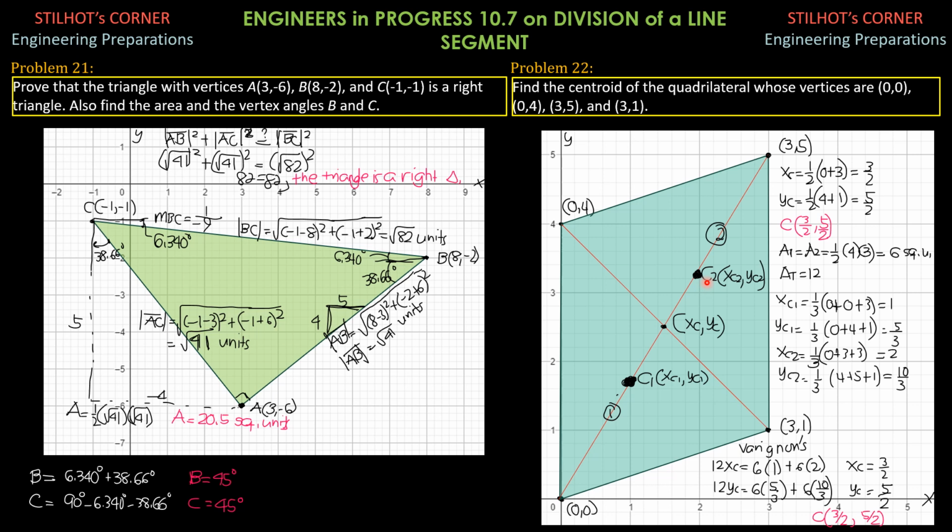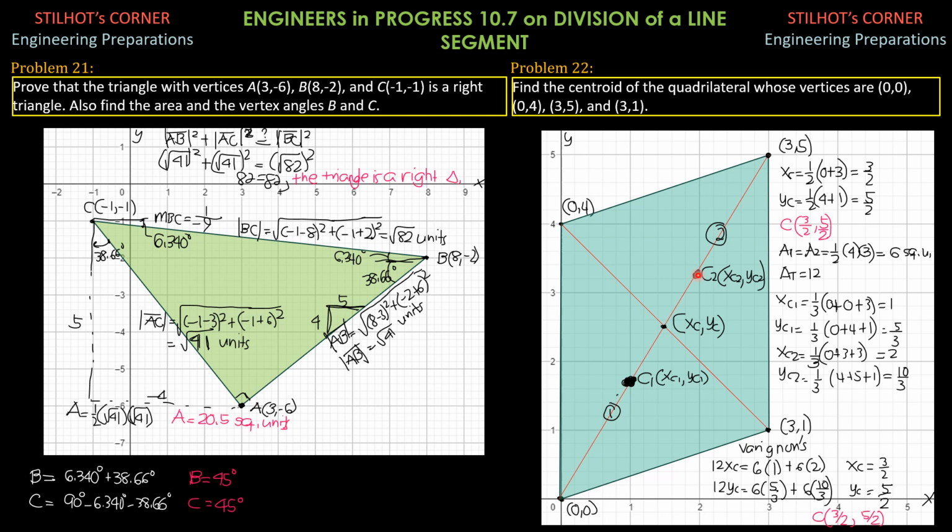Then for area 2, the centroid x sub c2 is 1/3 of the sum of the x coordinates, and y sub c2 is 1/3 of the sum of the y coordinates. For the x coordinates, 0 plus 3 plus 3, 1/3 of that is 2. So x sub c2 is 2.